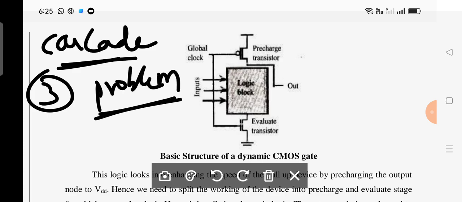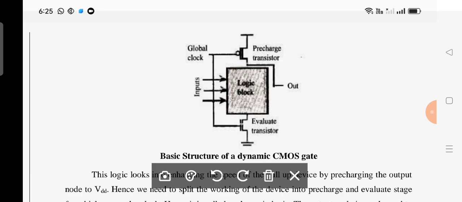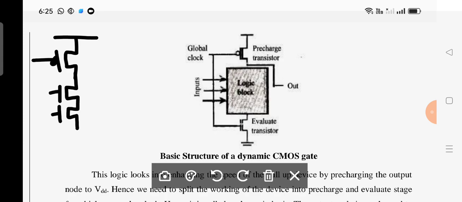Why? Because you can observe very clearly. Let us consider you are having this structure. Let us understand. I am considering a 2 input NAND gate. Once again, let us consider this one.